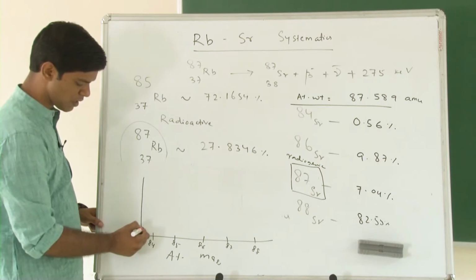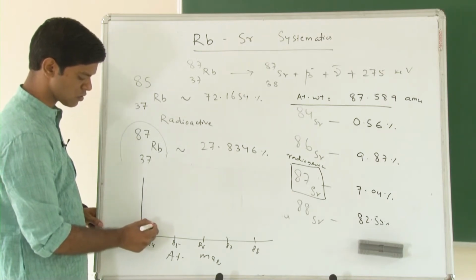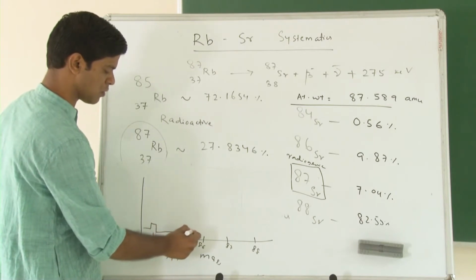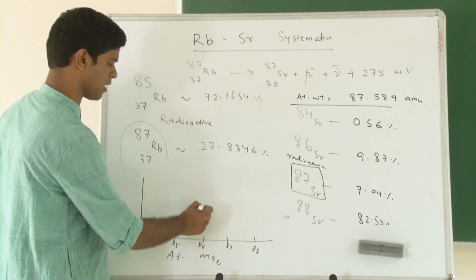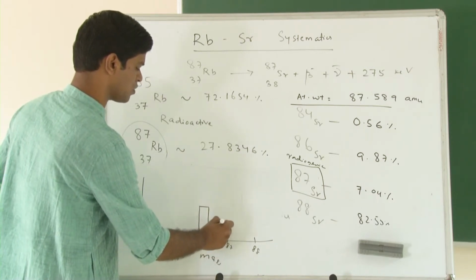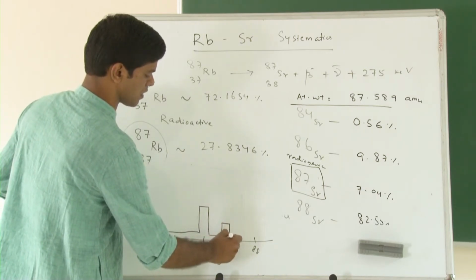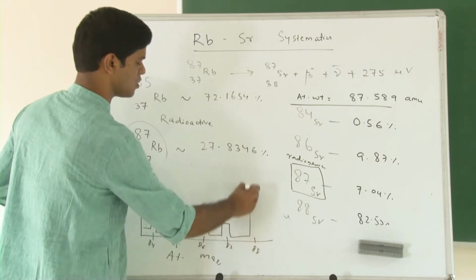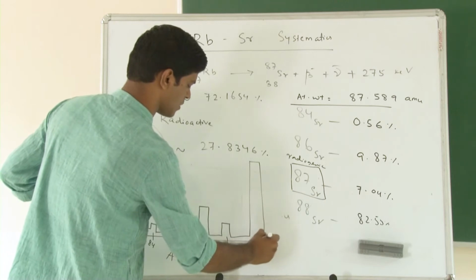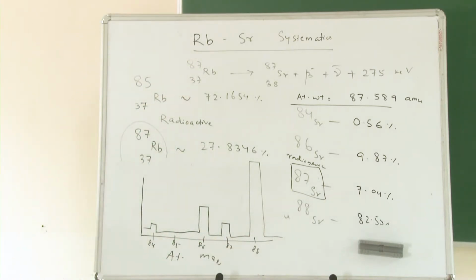For strontium, 84 is very tiny, about 0.5%, but then at 85 there is no isotope. For 86 it should be around 10%, and 87 should be around 7%, whereas 88 should be the remaining 83.5% to make it 100%. This is how the strontium will look.